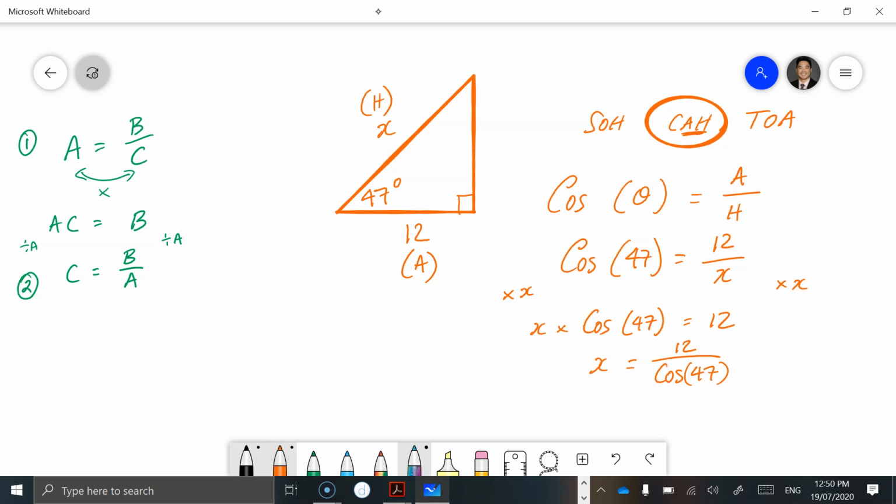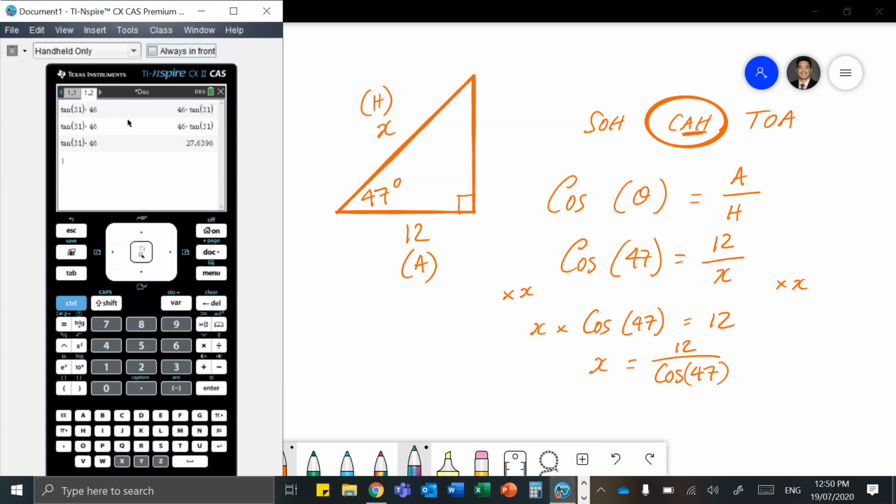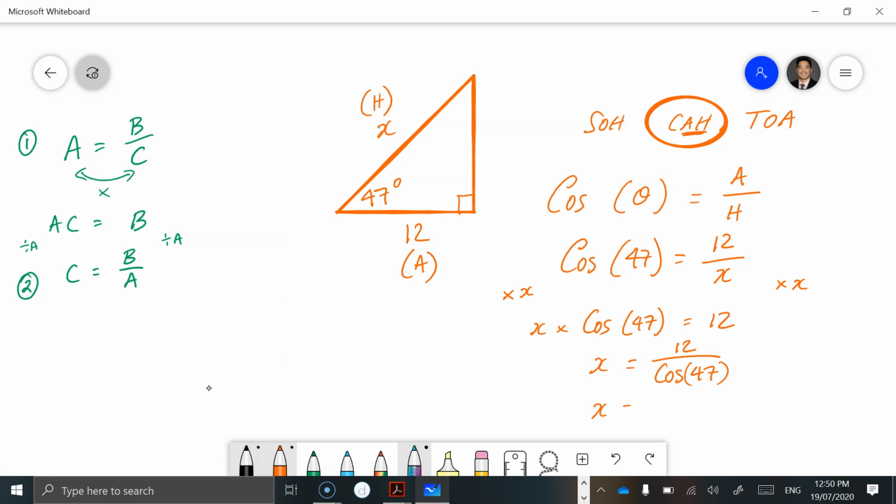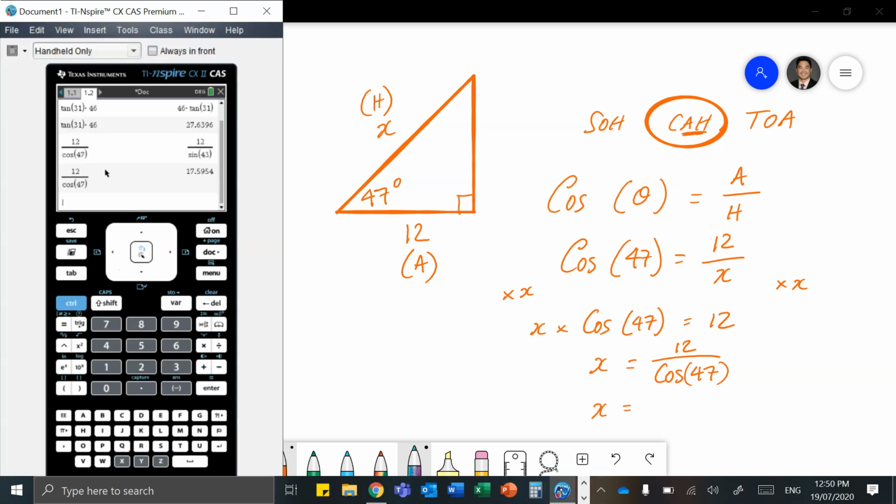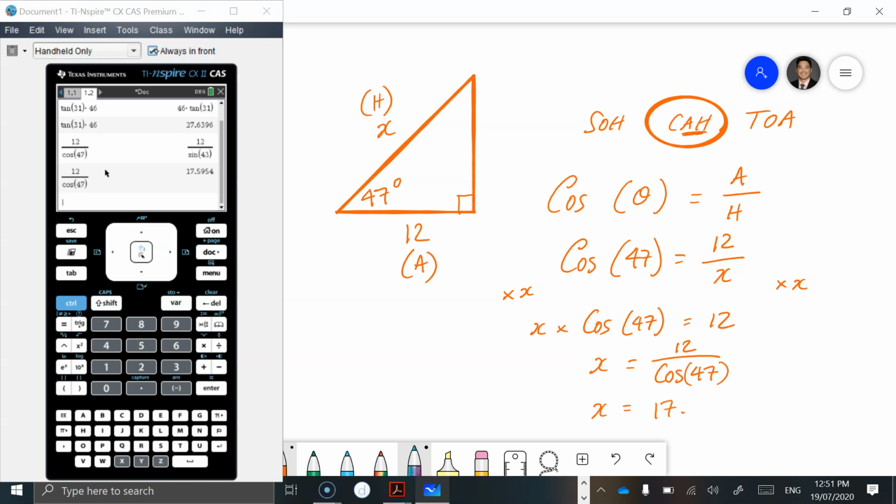The shortcut is to swap these two parts around. So let's get our calculator: 12 divided by cosine of 47, close brackets, equals, and I'll get that into decimal. Our side is equal to 17.6.